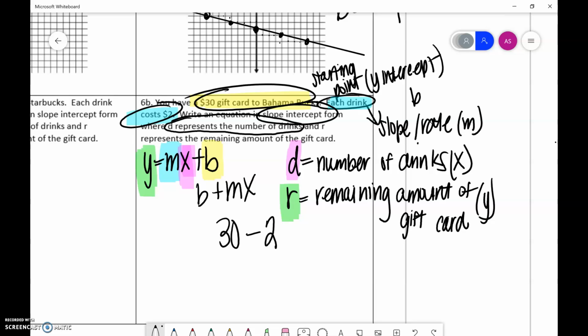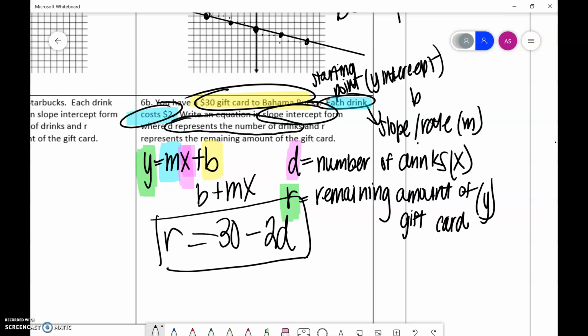They're not going to pay us to drink Bahama Bucks. We got to pay them. So they're going to take $2 off of our gift card for each drink that we get. So I'm going to put 2D because it's 2 times the number of drinks. Then that's going to represent the amount that's remaining on my card, which is R. So your equation is R equals 30 minus 2D.